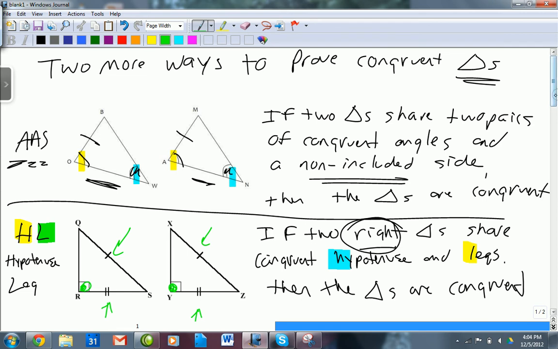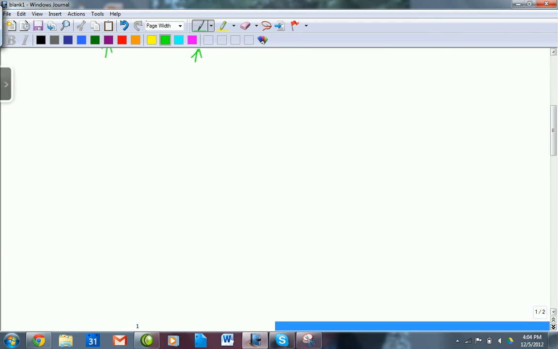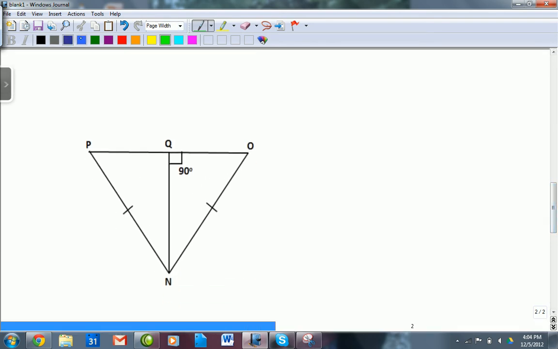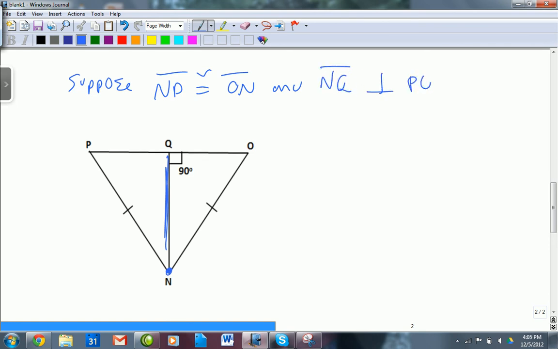So let's look at how we might use this. Here's a particular problem. Suppose NP is congruent to ON, and this line right here is called an altitude. It hits from a vertex and is perpendicular to the opposite side. So we'll say NQ is perpendicular to PO.